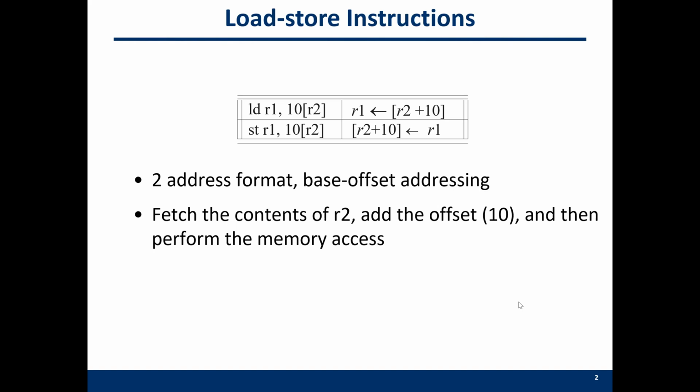For the second one, the offset, and the base is actually stored in the R2 register. So the meaning of the first instruction, the data is loaded from R2 plus 10, which is the address.